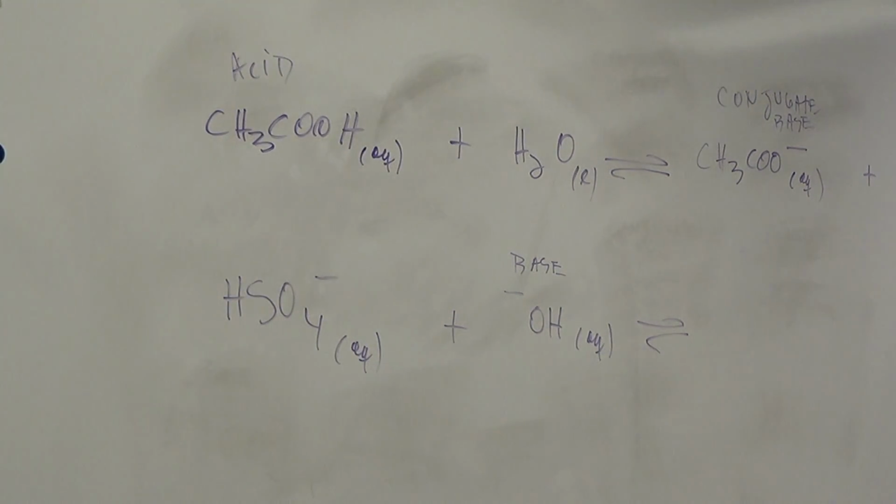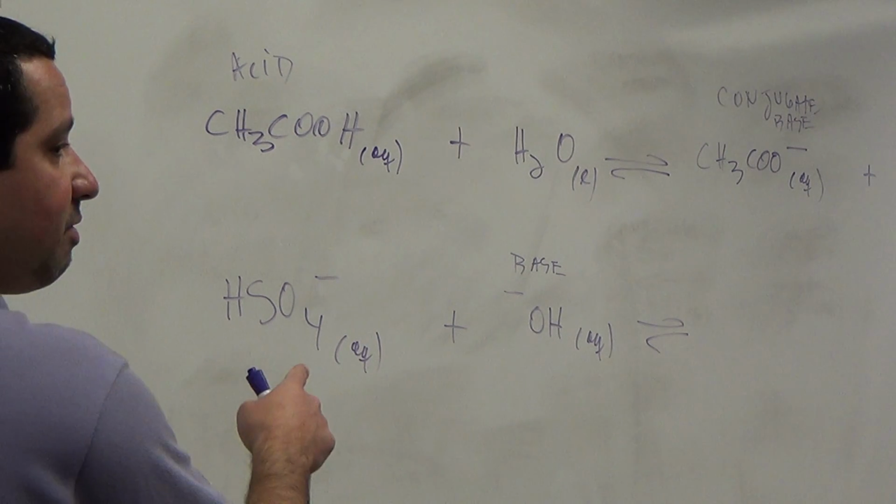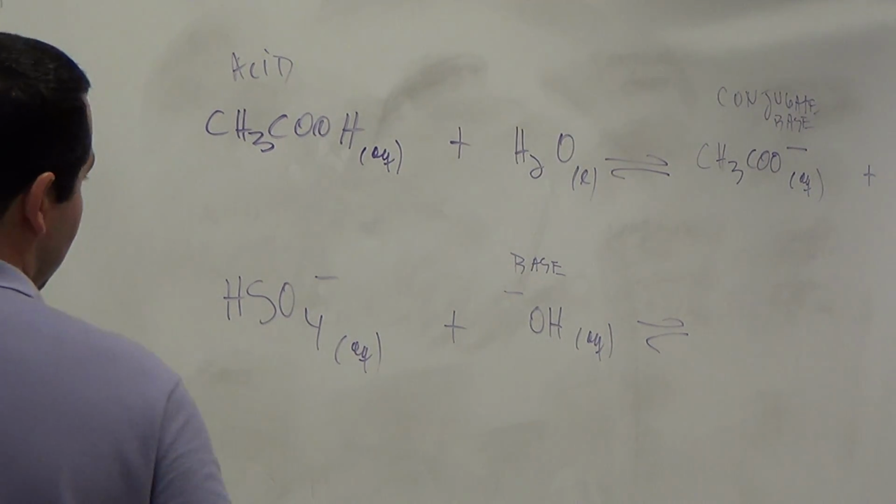Now, the reason why that acts like a base, in that case, is HSO4 or H2SO4? HSO4 minus. Yes. Not this. It is this after it gives away an H plus, because this is an acid. And by the way, this is also amphoteric. Okay?